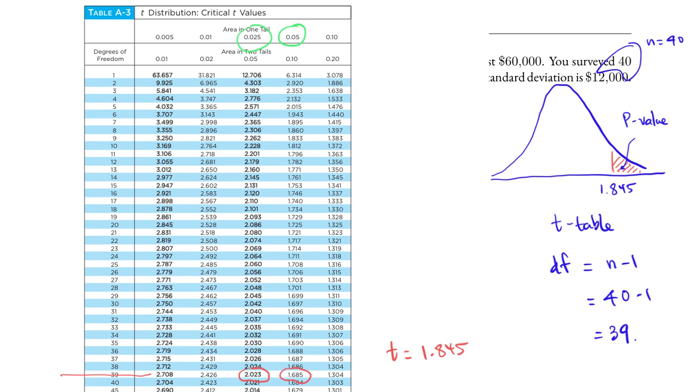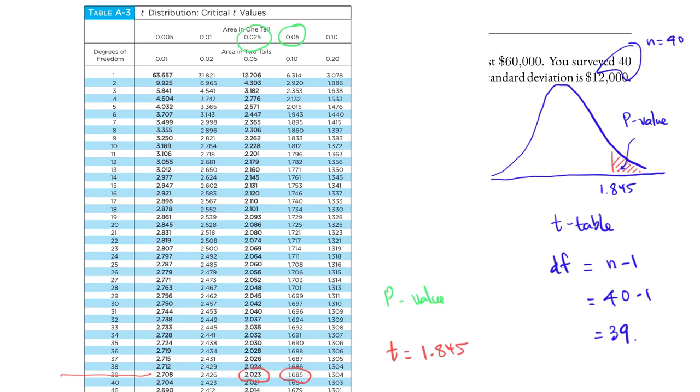Even though we do not have the exact p-value for the corresponding t equals 1.845, we can certainly say that the p-value is between 0.025 and 0.05 for this specific t test statistic. For our purpose, this is good enough.